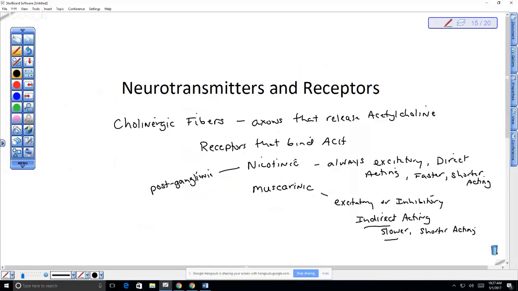Was that your question? I was confused because the name was faster and shorter acting. Yes, so this is shorter acting than the next ones that we're going to talk about, which are norepinephrine. These are on the postganglionic cells, on their dendrites, and these are also on skeletal muscle.